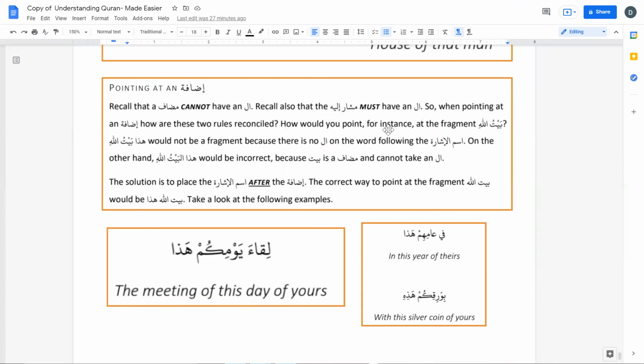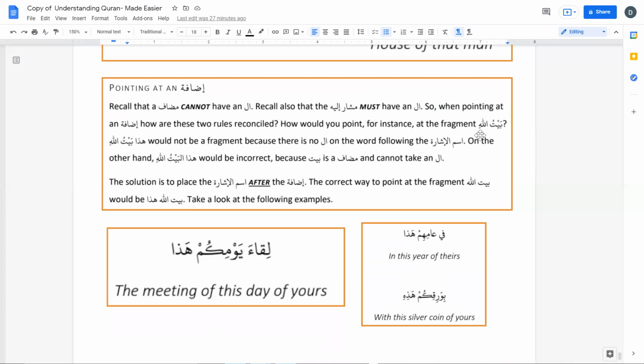How would you point, for instance, at the fragment Baytullahi? We cannot say hadha bayt. We can say hadha Baytullahi, but it won't be the pointer fragment. Hadha Baytullahi is a complete sentence: hadha, and then Baytullahi is mudaf ilayh.